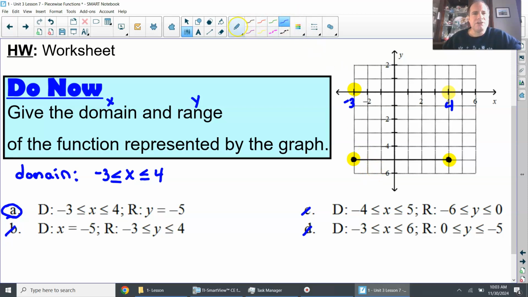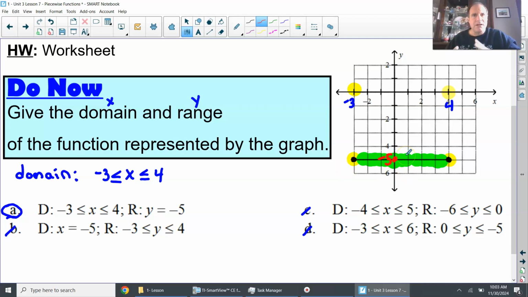Since the range is basically the y values that exist in this graph, the y values stay the same. Notice that this graph goes along this line. So that line right here, what we're talking about, and I'll do that in red so you can see it, this is -5.